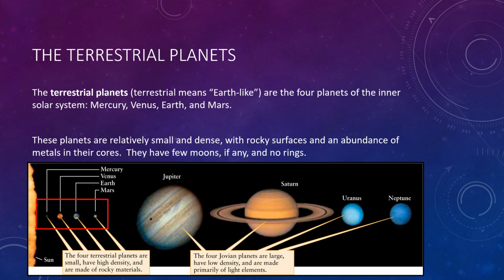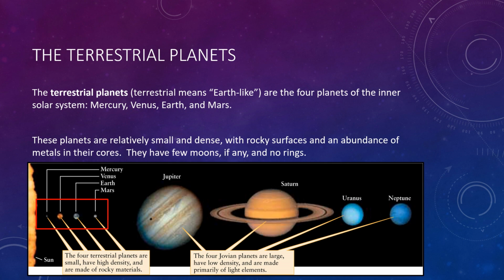Our brief planetary tour shows that there are 4 inner planets and 4 outer planets that are quite different from one another. We see that these two groups represent 2 distinct planetary classes, terrestrial and Jovian. Let's begin with terrestrial. The terrestrial planets, which I've highlighted with the red box, terrestrial meaning Earth-like, are the 4 planets of the inner solar system, that being Mercury, Venus, Earth, and Mars.